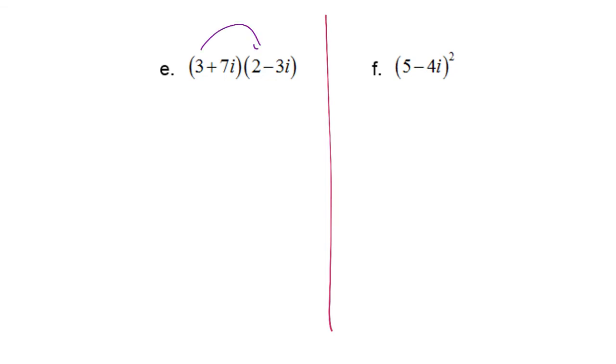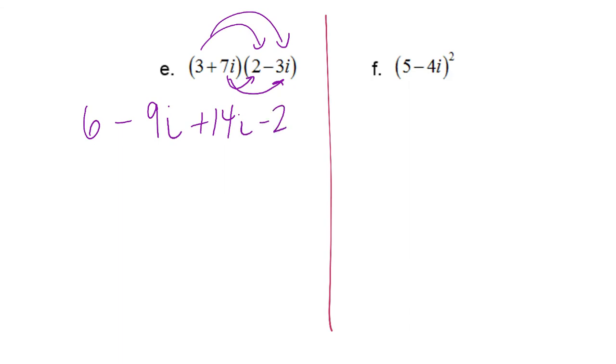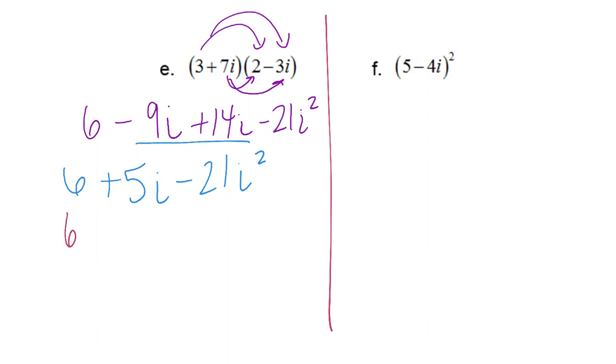So I am going to use distributive method on this one. So I have 6 minus 9i plus 14i minus 21i squared. So I can combine these. 6 plus 5i minus 21i squared. i squared is -1, so I'm going to substitute that in.